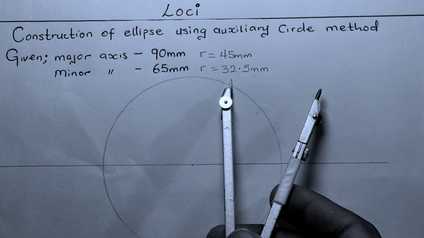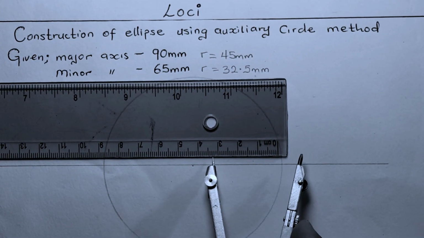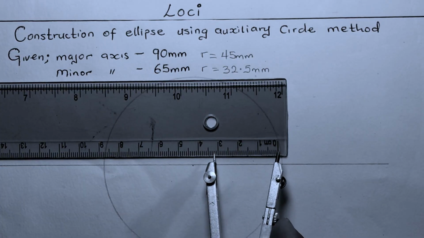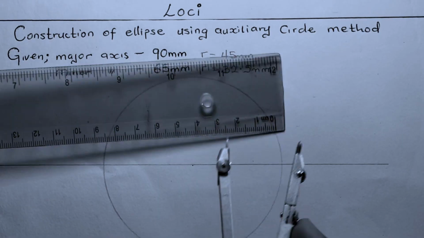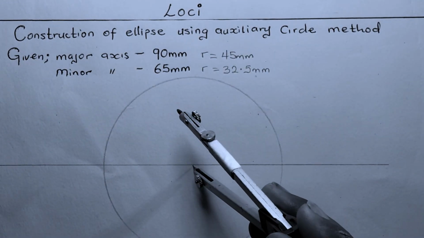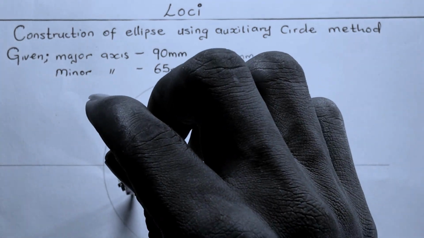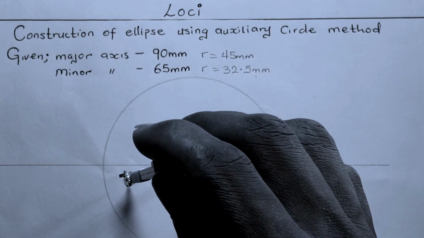With 32.5 on our compass, we draw the circle inside the bigger circle as our minor axis.